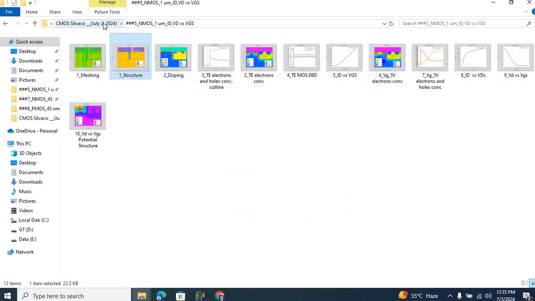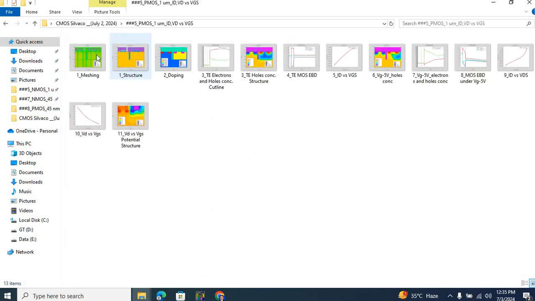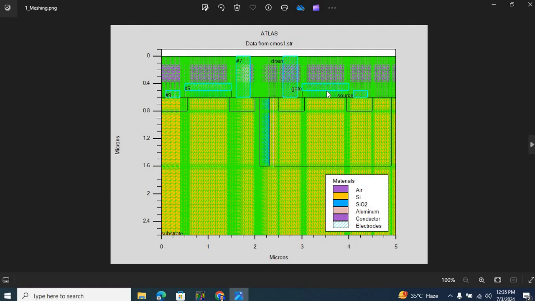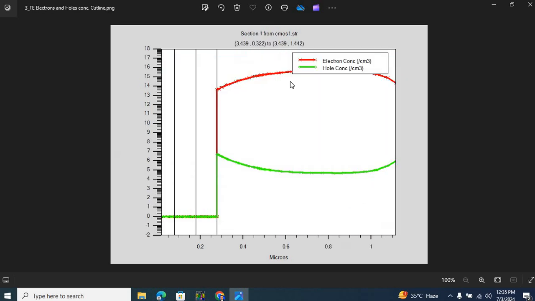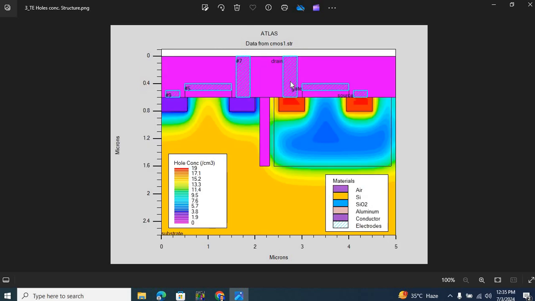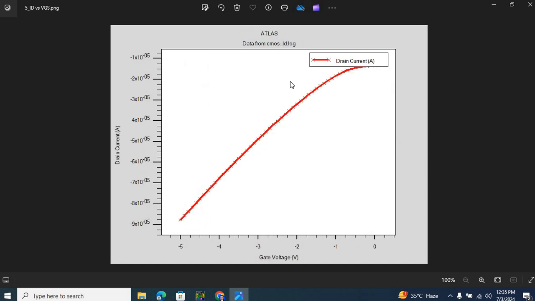And similarly, I have simulated the PMOS for the long channel device as well. As you can see, source, gate, and drain. Doping profiles, hole concentration under thermal equilibrium, profile of the hole concentration, the metal oxide semiconductor energy band diagram under thermal equilibrium, ID versus VGS.